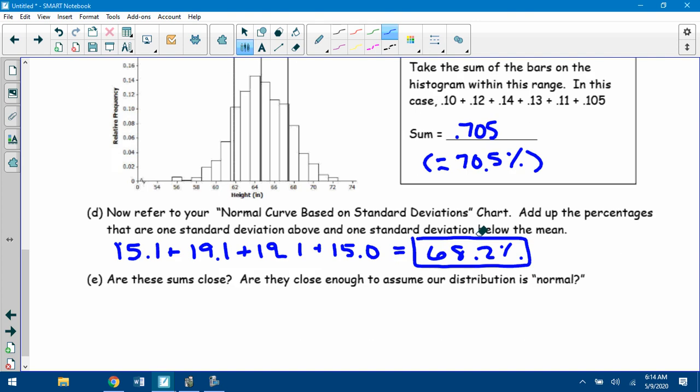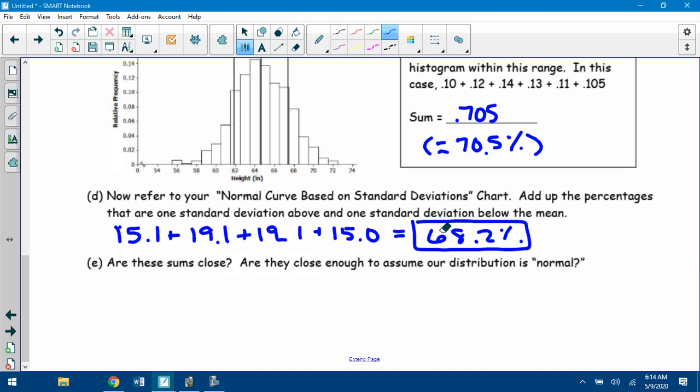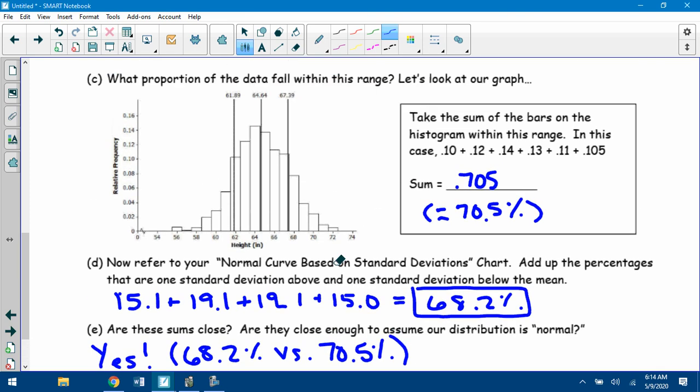Are these sums close enough to assume our distribution is normal? We'd say they're close: 68.2% versus 70.5%.